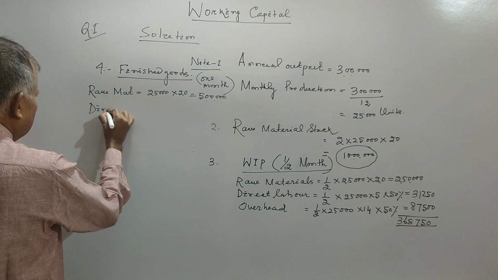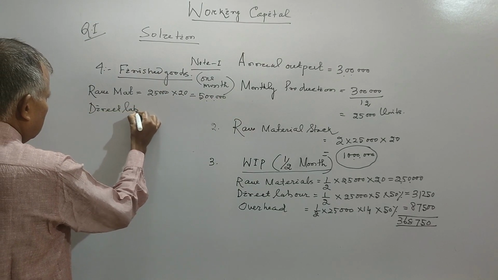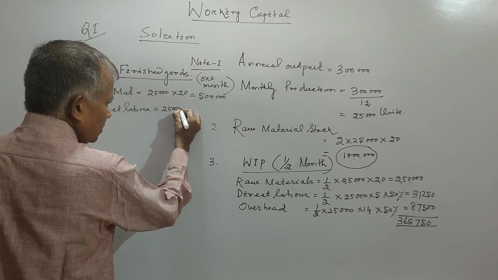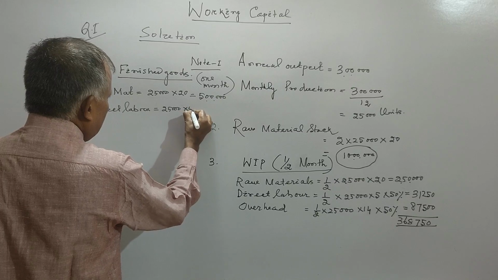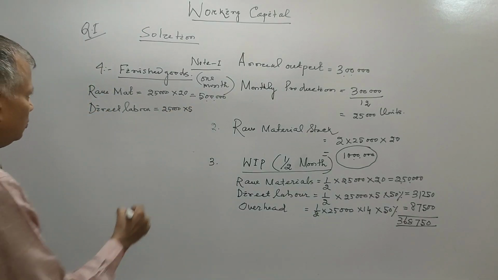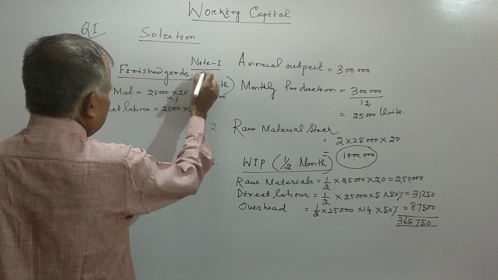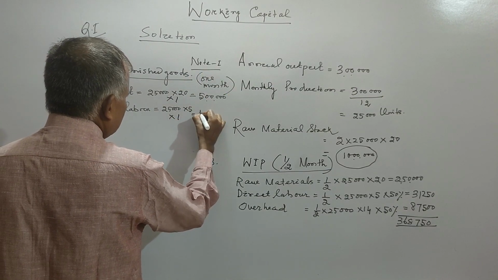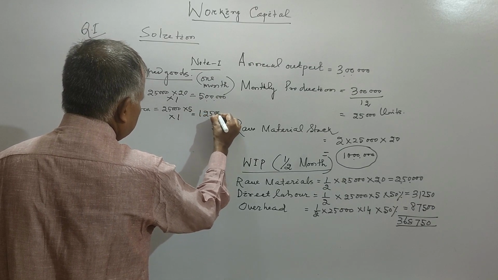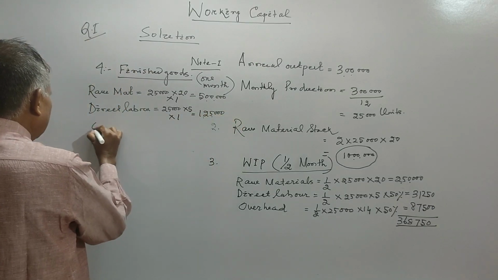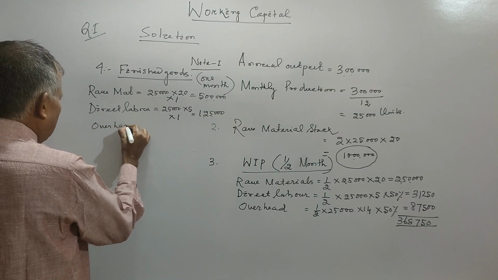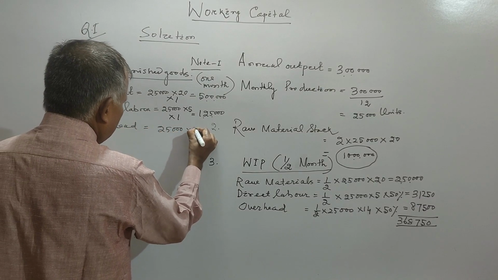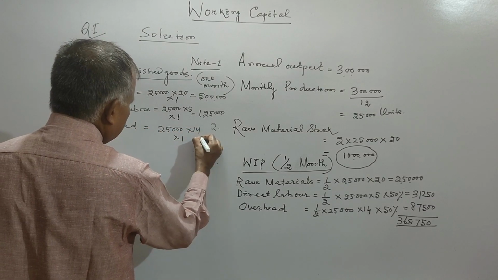Direct labor, 25,000 into 5 into 1 because 1 month is here, that is 1,25,000. Overhead is rupees 14 per unit, 25,000 into 14 into 1.